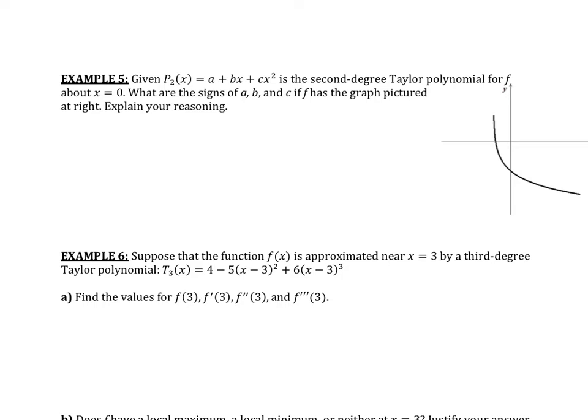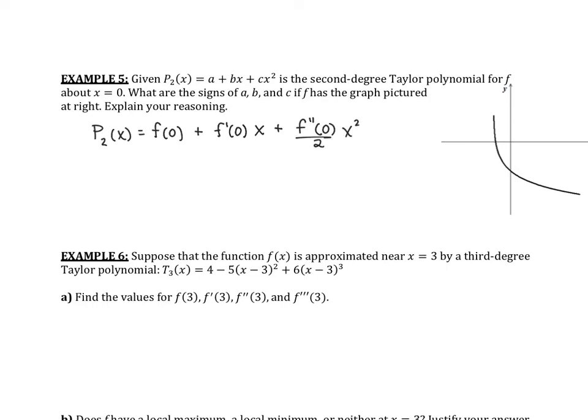Okay, so remember, when we have a polynomial that looks like this, our polynomial P2 in general form would be f of 0 plus f prime of 0 x plus f double prime of 0 divided by 2 x squared.